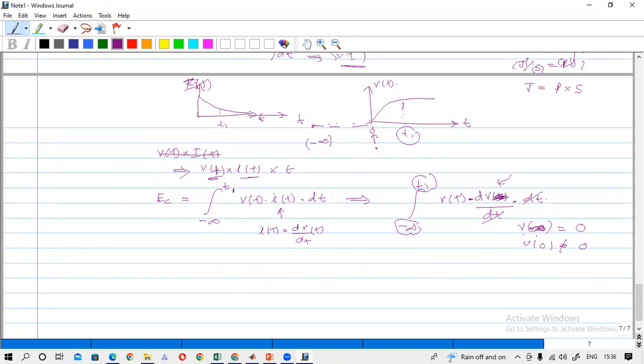Minus infinity is the ultimate starting point, not the reference point. At the ultimate starting point, there should be no charge in the capacitor.